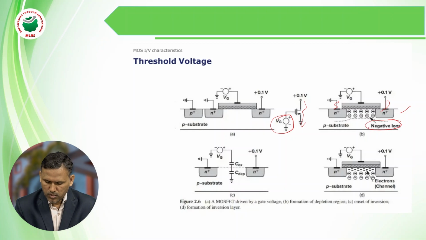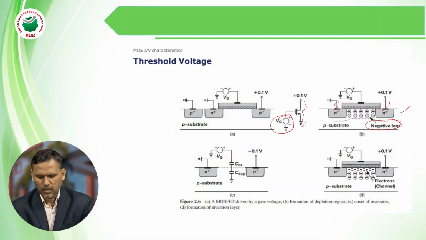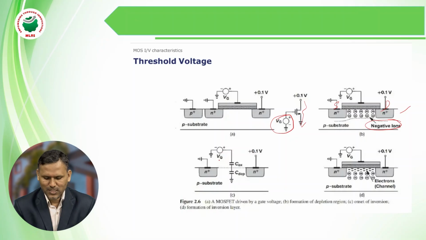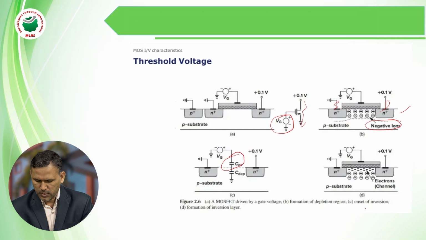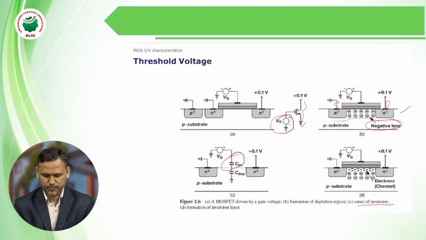Whenever we apply a positive supply to the gate, the gate is made of a polysilicon layer. Between this polysilicon and the silicon dioxide layer, a capacitance is developed, called COX, the gate oxide capacitance. The inversion layer is developed due to this capacitance between the source and drain.